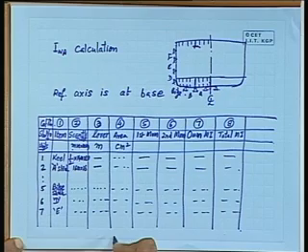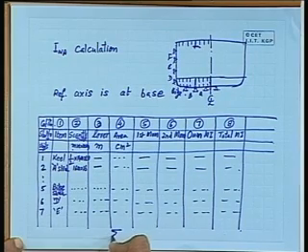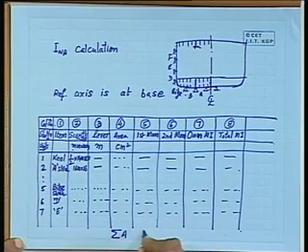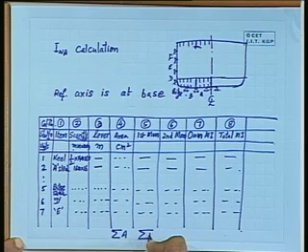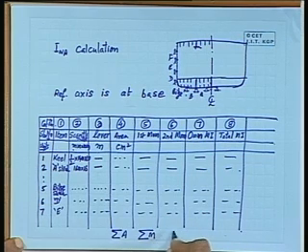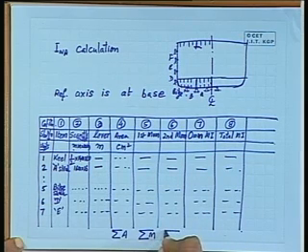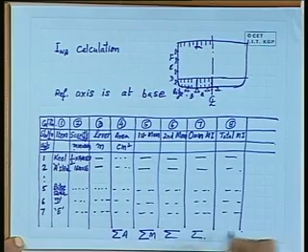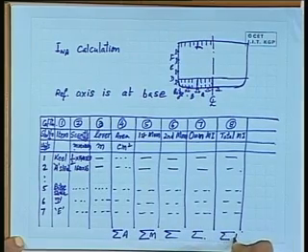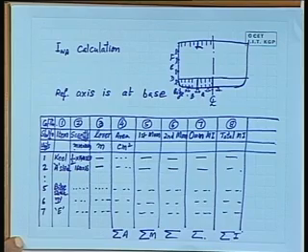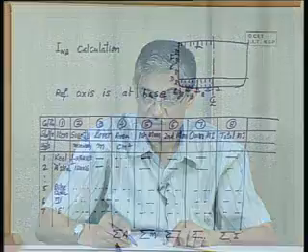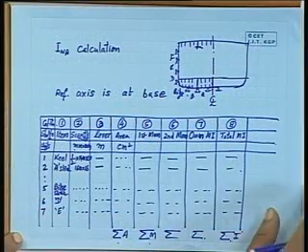Now, all the areas have to be summed up and I call it sigma A. All the first moments have to be summed up, I call it sigma M. All the second moments have to be summed up. It is only for checking this sigma, but I only try to find out what is sigma I here. These two added up together should give me sigma I. So, this is only for the checking part, but what I require is sigma A, sigma M and sigma I.